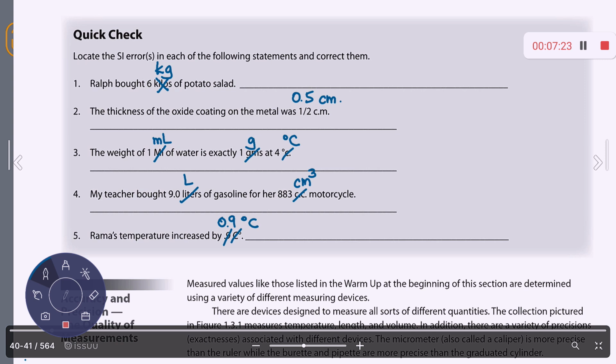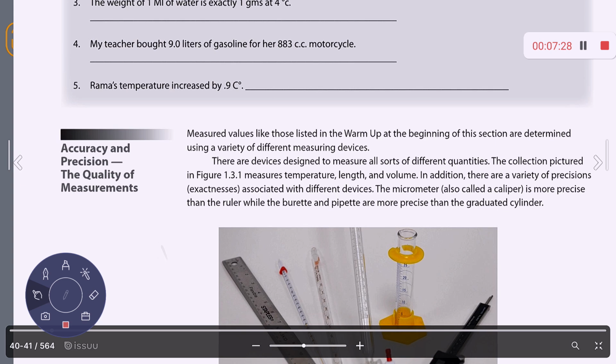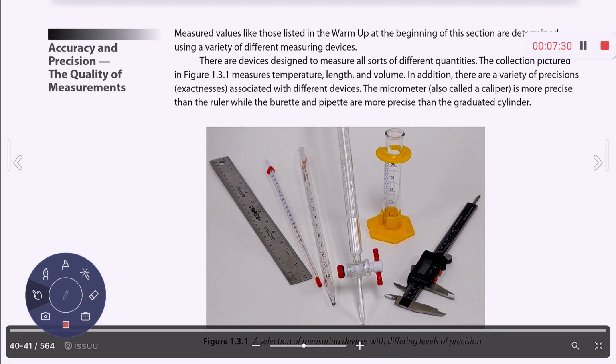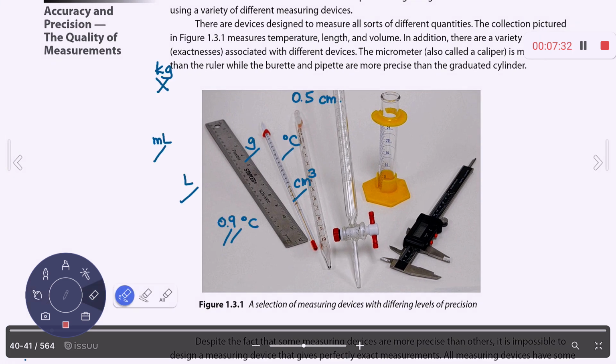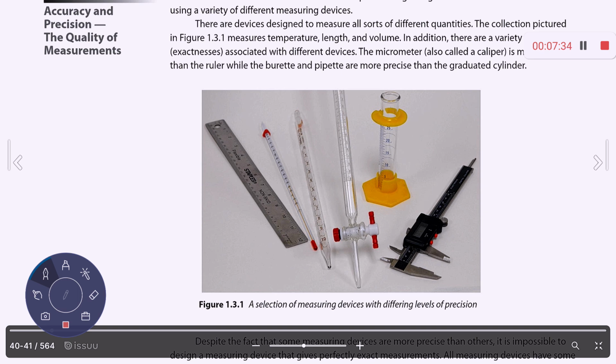Let's talk about accuracy and precision, okay? When we make measurements in lab, no measurement will be considered exact. It will have some uncertainty associated with it, which I will talk about in a second. But when we're looking at different measuring devices, the size of the opening can influence the precision of that measuring device.